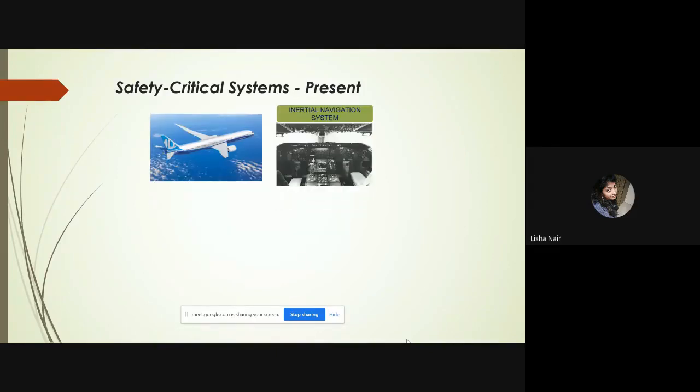So what is the present? Right now, the development of safety critical systems has come to this level where we have the entire navigation system embedded. This is a picture of a flight deck of an aircraft. Then we have the GPS service, which helps the captain and the pilot navigate to the desired destination.